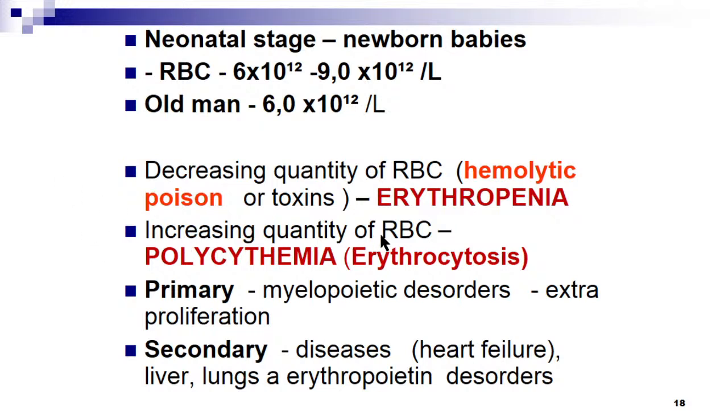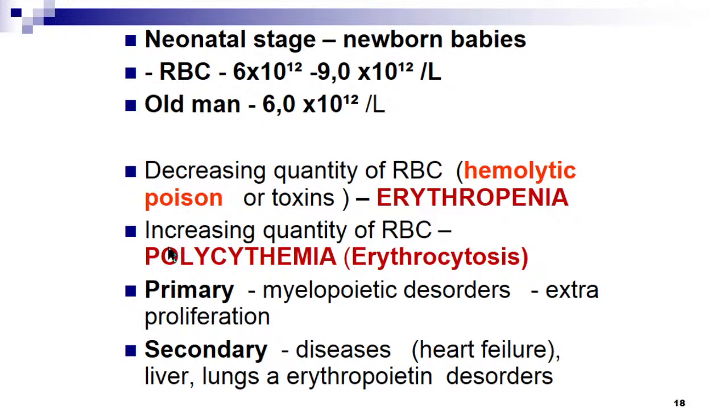Increasing the quantity of red blood cells is named polycythemia, or erythrocytosis. So we have a double variant. The first name is polycythemia, and the other name, analogous, is erythrocytosis, an increase in the quantity of red blood cells.